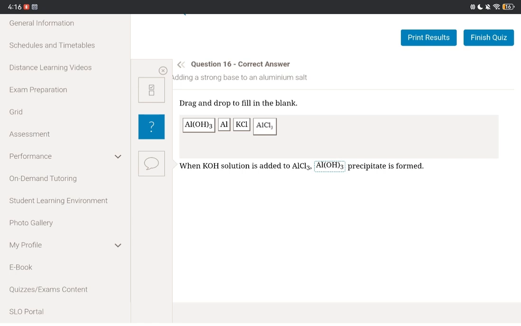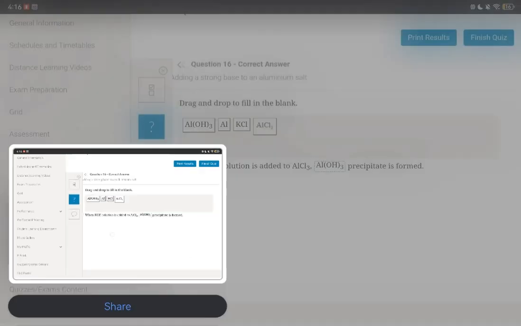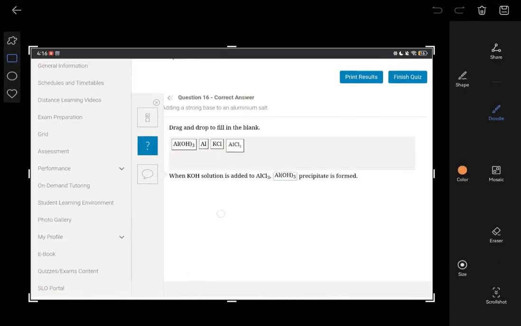KOH is added to AlCl3, and a precipitate forms. When they react, they swap. This was from last year: when two soluble things react, this is basically precipitation.